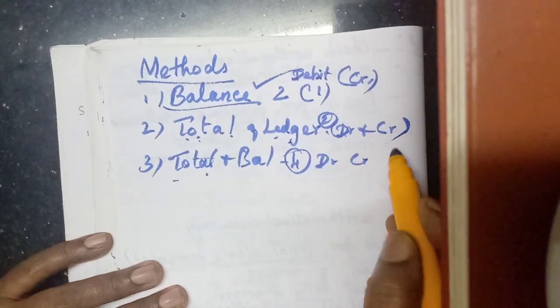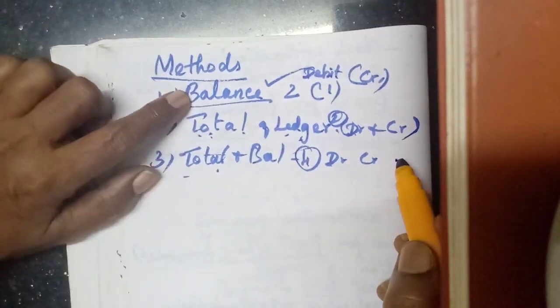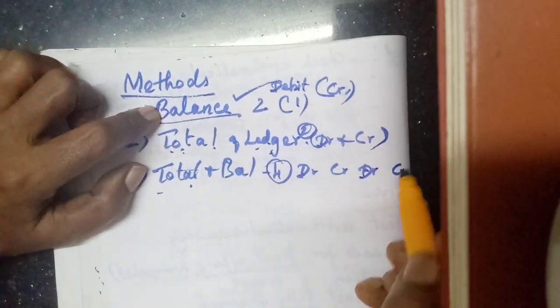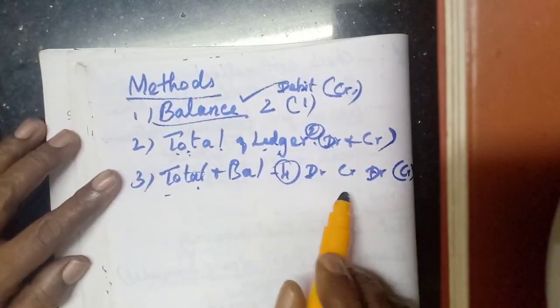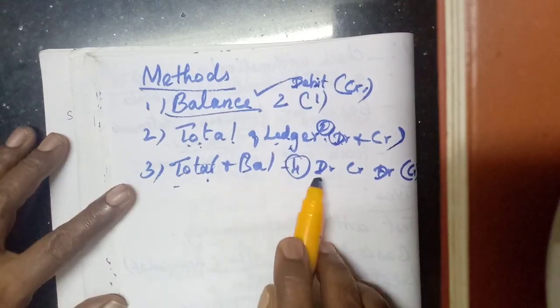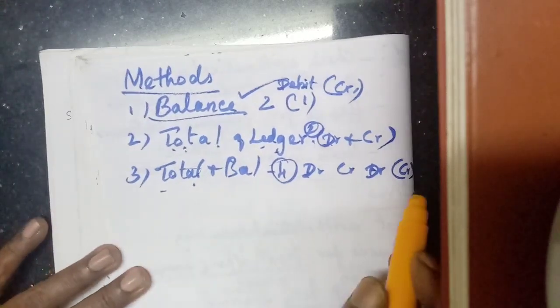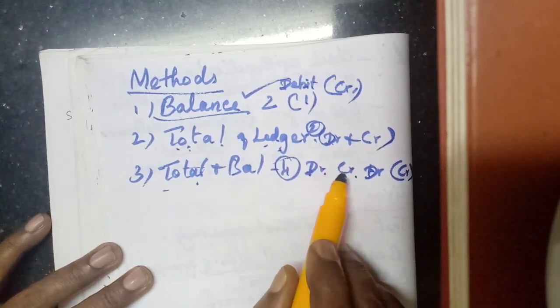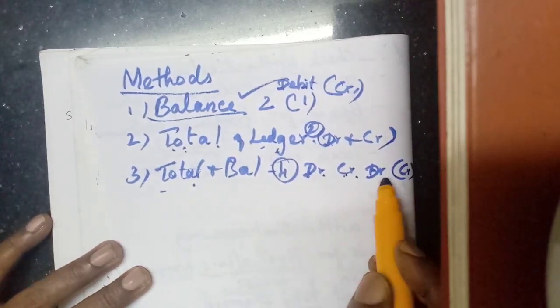Then this one, the balance method: either the debit side balance or the credit side balance, anyone. Here only one balance is entered, but in the total and balance method, four columns are available: total of debit side, total of credit side of the ledger account, then the balance of the ledger account.